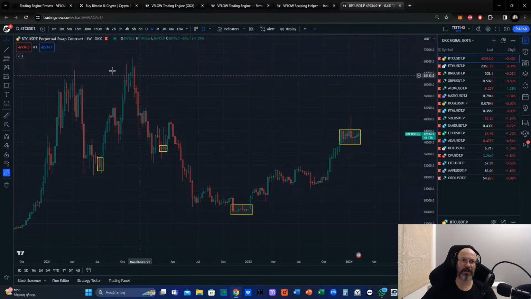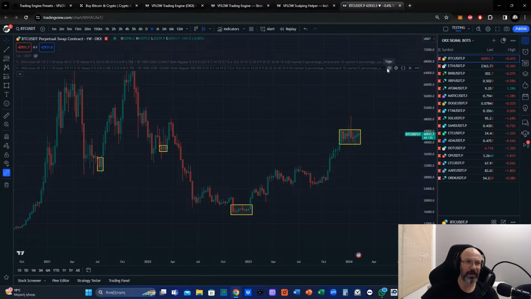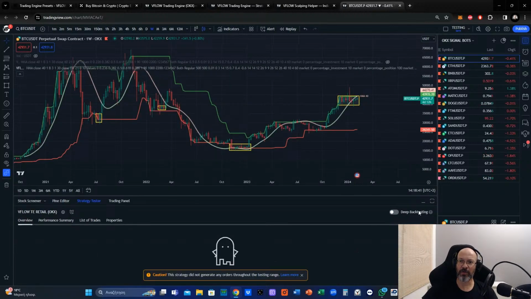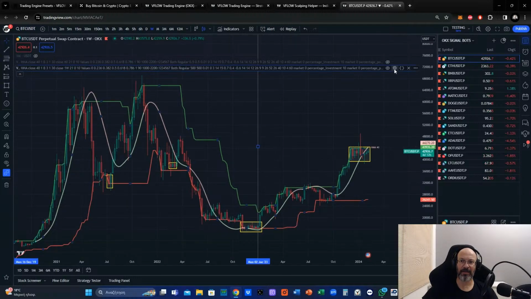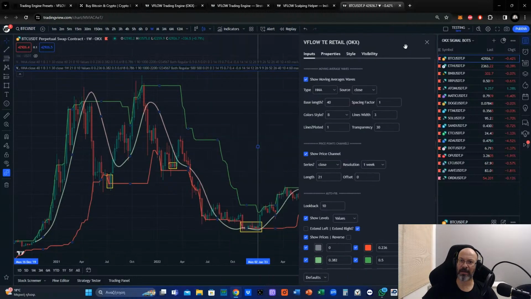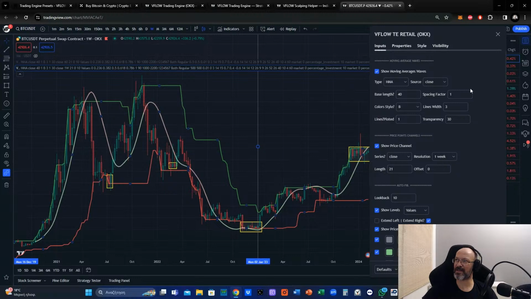Now, this is where we will start using the VFLOW Trading Engine. And we are going to use here our basic edition of the trading engine. And the only thing that we are going to change in this strategy indicator is actually the price channel resolution, which we set to week.